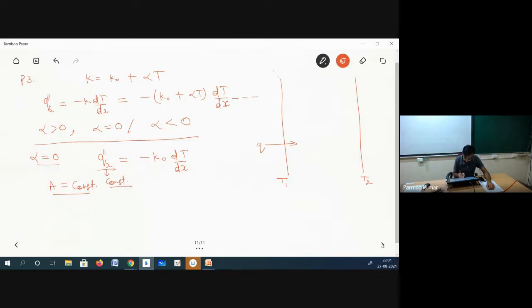So if heat flux is constant, our K naught value is fixed over here, because K naught is a positive constant.